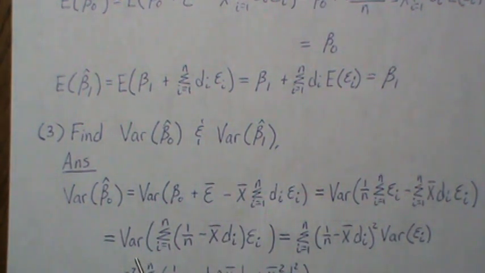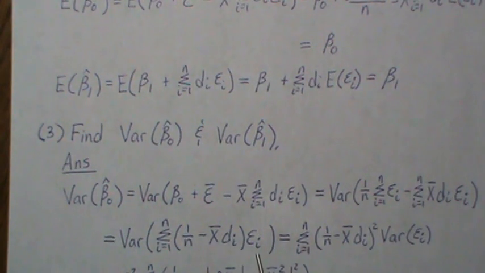Now, the variance goes into each term, but these are constants, so we're looking at the variance of the epsilon i's. Normally there'd be a covariance between epsilon i and, say, epsilon j in this sum, but standard assumption 3 is that the covariances are 0.